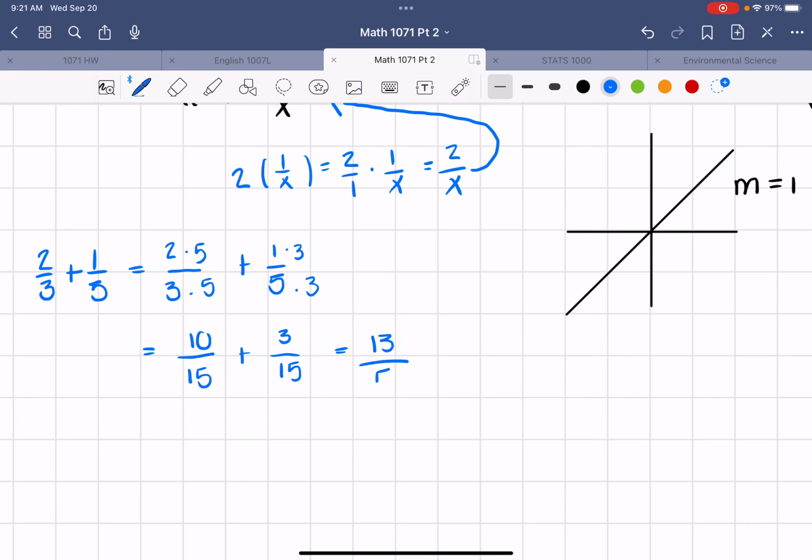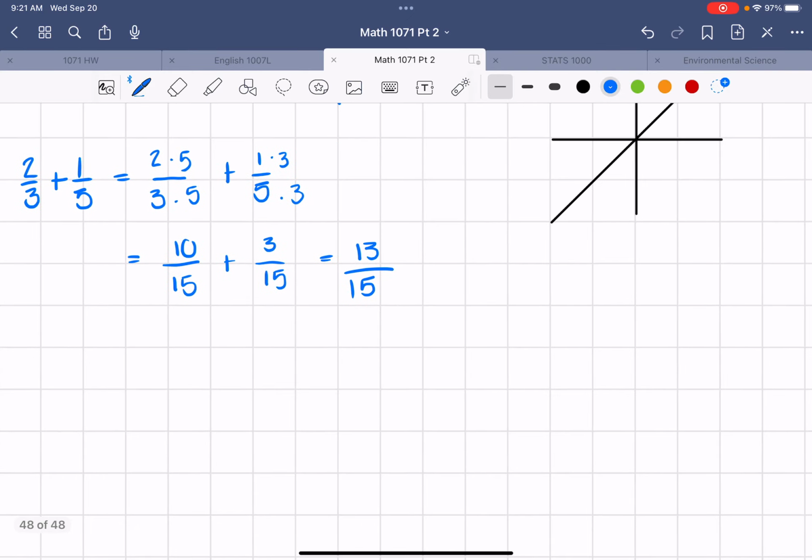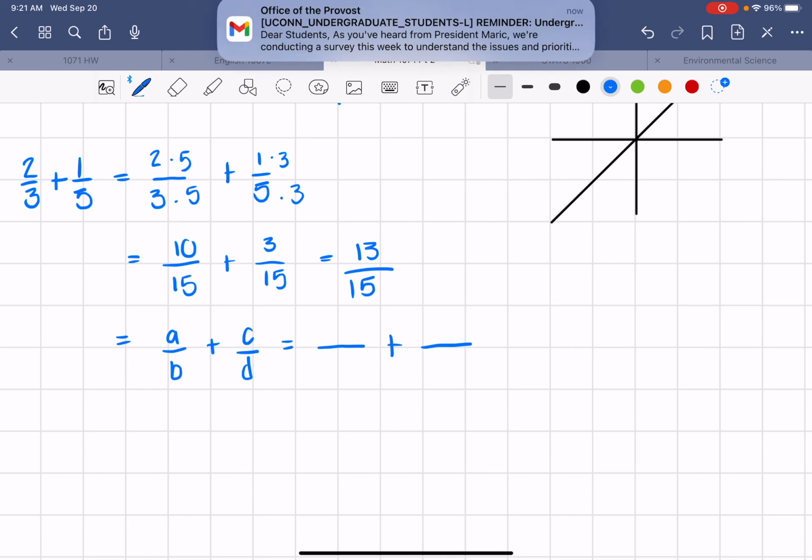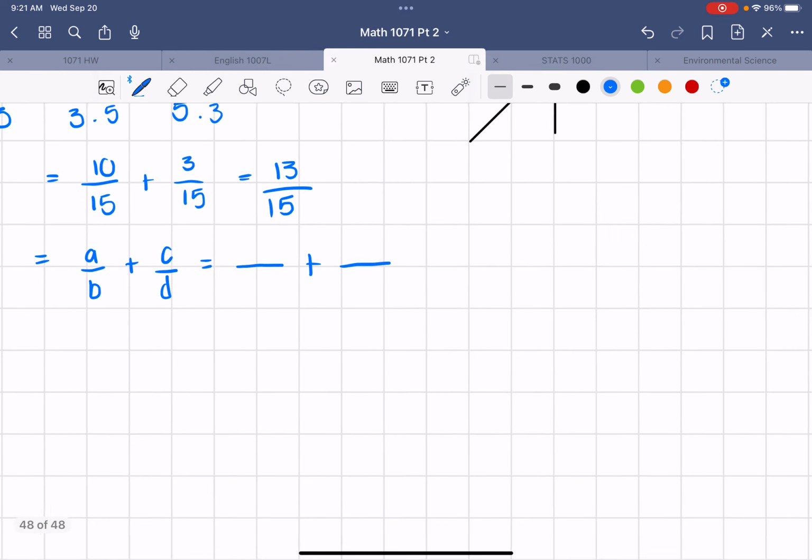Most of you feel insulted when I do this. However, this is what's going to come up. All of a sudden we're going to have fractions where we've got letters or variables. And the same jazz applies. The only way you can add fractions is if they have the same denominator.